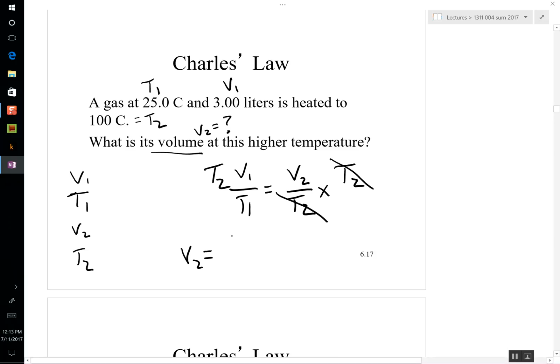T2 crosses out, and I get that V2 equals V1 times T2 divided by T1. Now, make sure you get the right things in the right place. This is your unknown. What am I going to do with this 25 degrees centigrade? Change it to Kelvin. And the 100 degrees centigrade, change it.